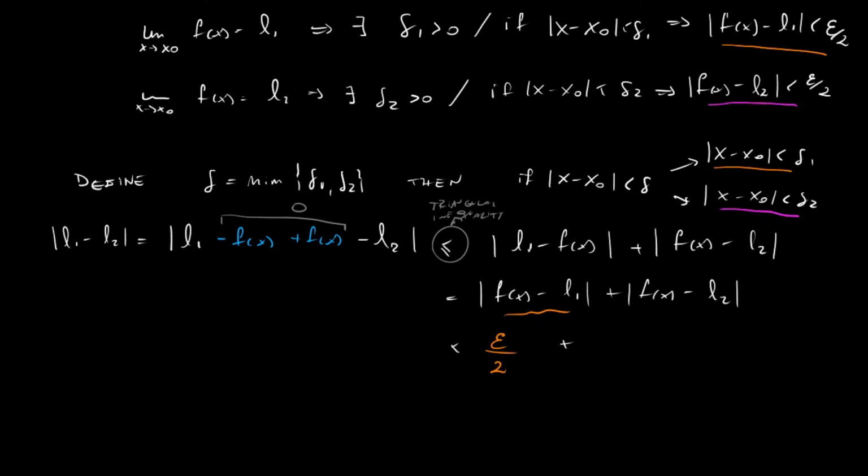So |f of x minus L2| is smaller than epsilon over 2. So again, we can bound this with epsilon over 2, and then epsilon over 2 plus epsilon over 2 is epsilon. So we were able to make |L1 minus L2| smaller than any positive real number, and this means that L1 is equal to L2. Now let's continue with another theorem.